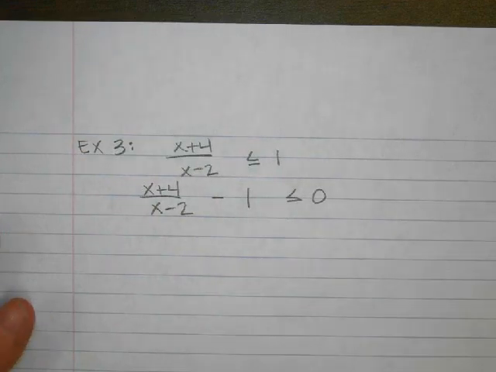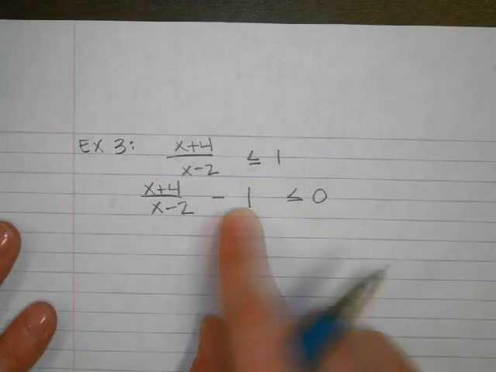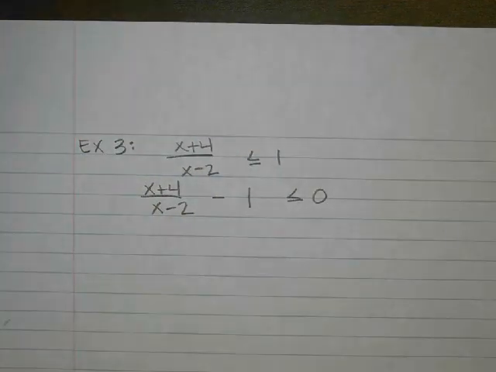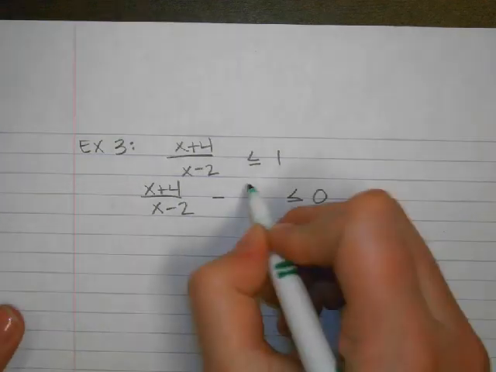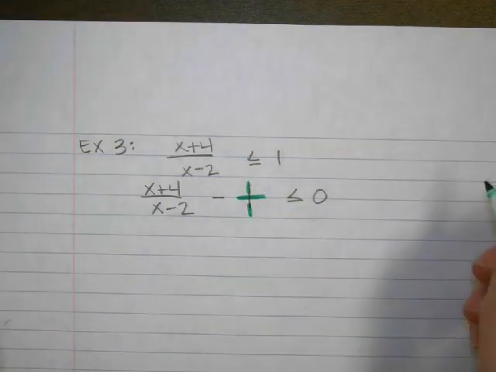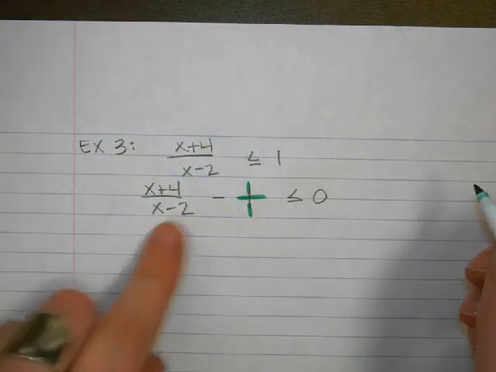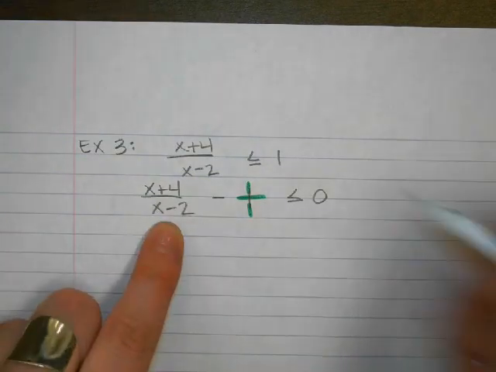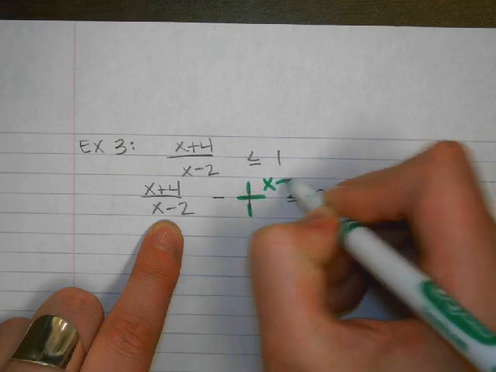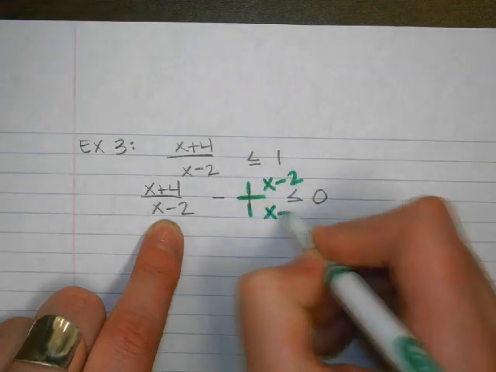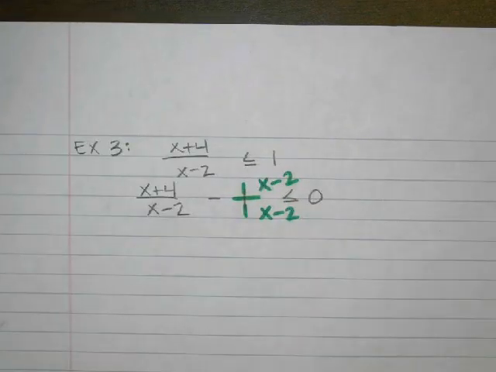All right. So now I need to change this, right? I have a subtraction problem with two fractions, and so that means I need a common denominator. And so I'm going to think of this 1 as like 1 over 1. And so that means that my common denominator for this problem would be x minus 2. So I need to multiply the top by x minus 2 and the bottom by x minus 2.